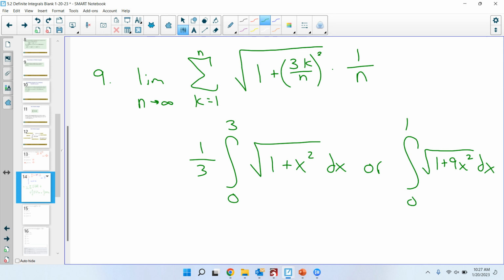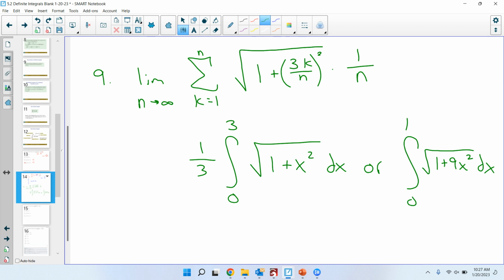Let's go to the 1/3. So you know it's 0 to 1 because b minus a equals 1. I know it's 1 plus 3 times k over n squared.